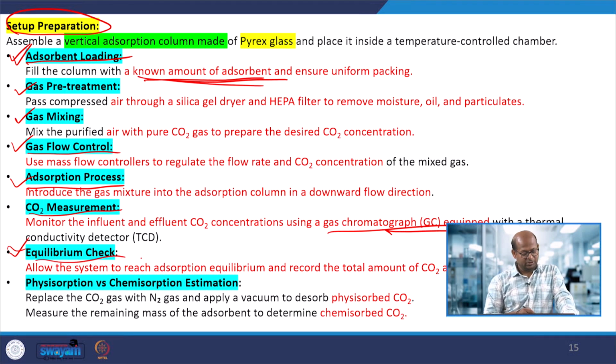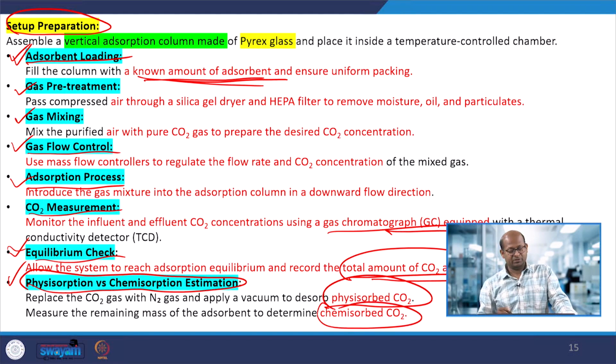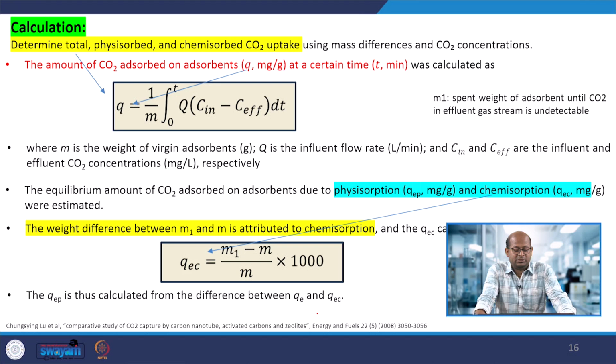Then equilibrium checks: how much total CO2 gets adsorbed, that we can find out. Then physical and chemical adsorption: we can also find out the physisorption and chemisorption of CO2 on that surface. Here a few calculations are shown.